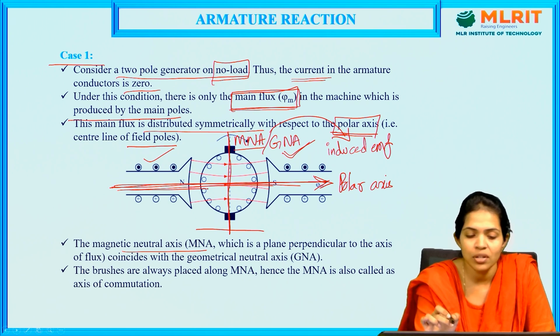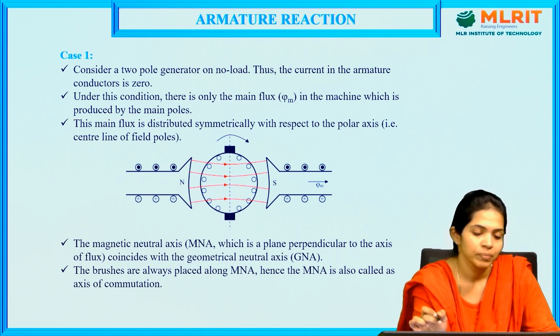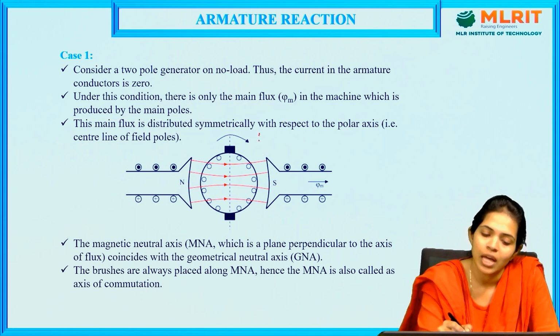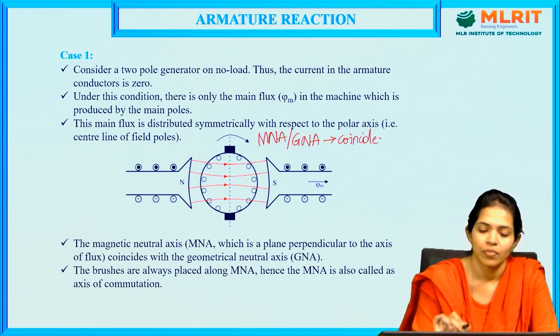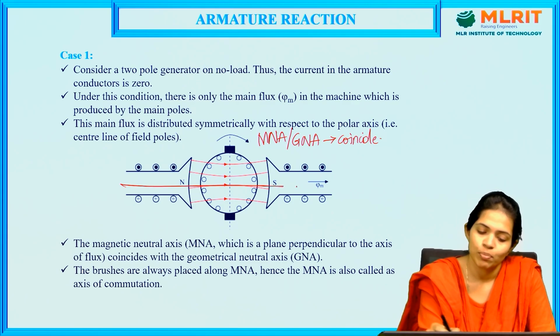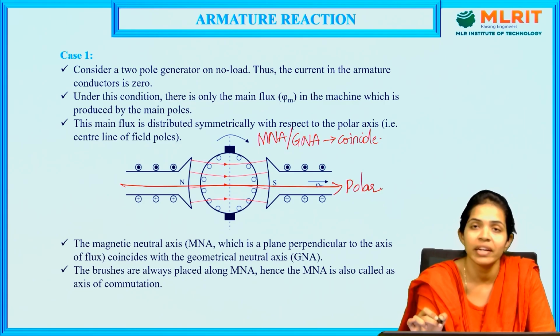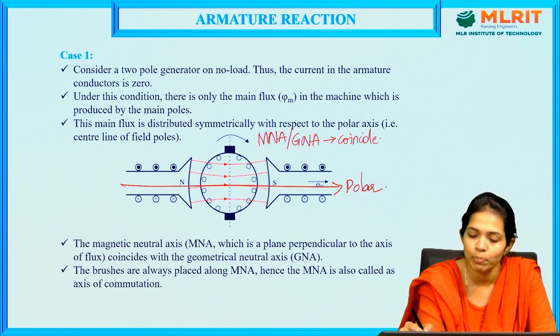So under no load condition, the MNA and GNA coincide with each other. This is the polar axis, and our MNA and GNA are perpendicular to it.